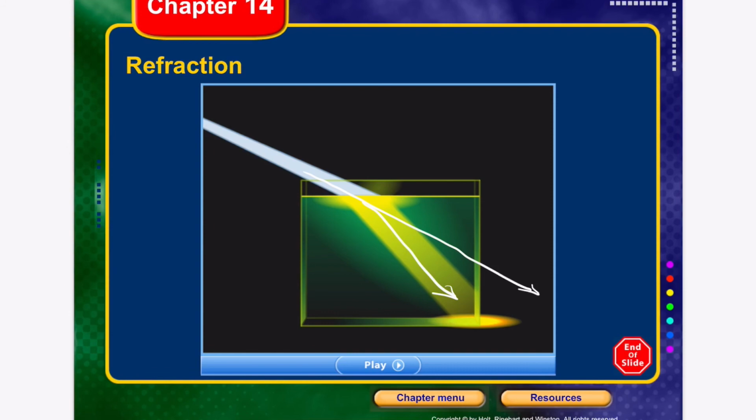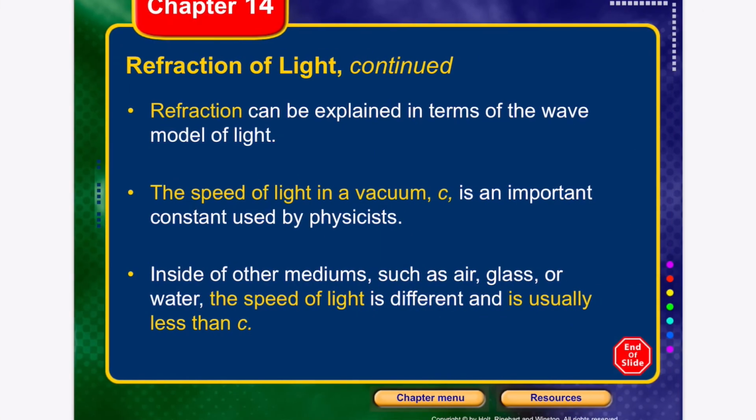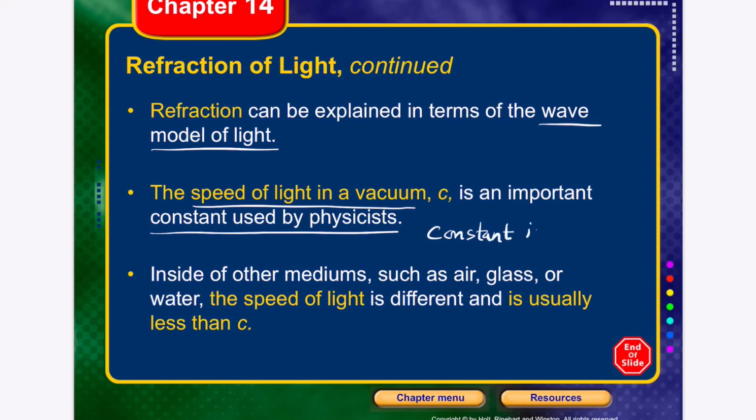So why is it bending? This brings up the question of why the speed of light is not a constant. Remember the concept of the wave model of light. The speed of light in vacuum is an important constant, but it's not actually a constant in general, it's constant in vacuum, in space.